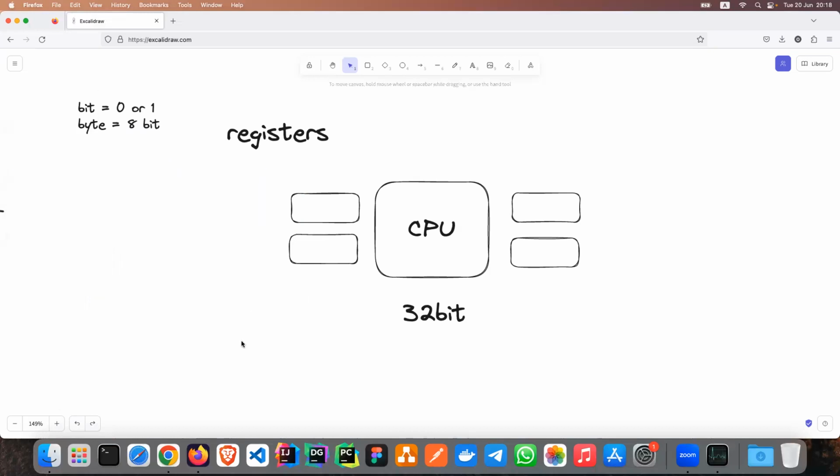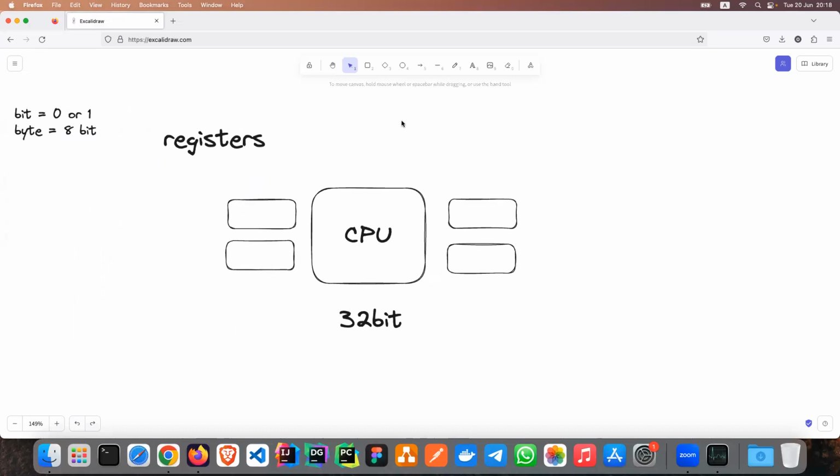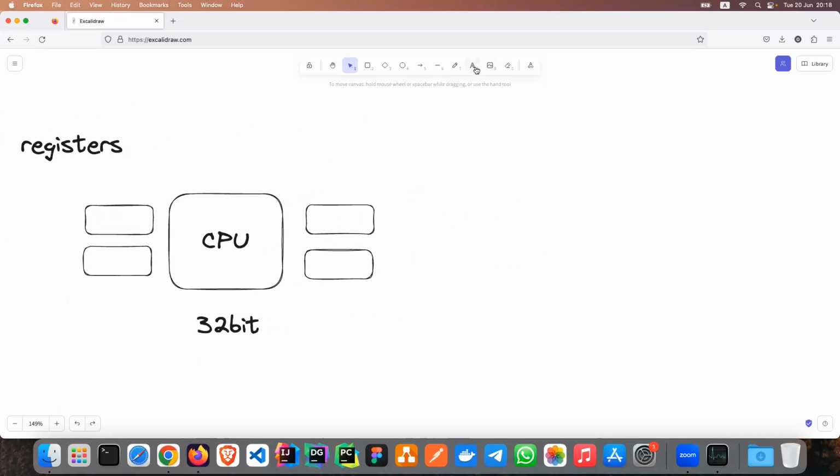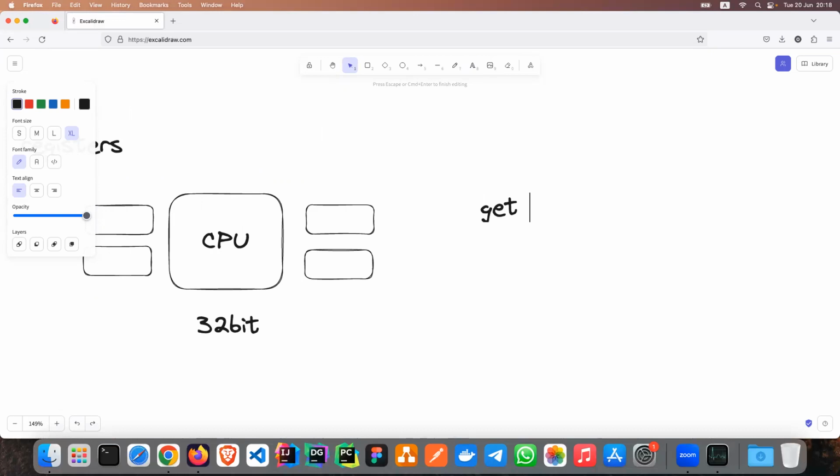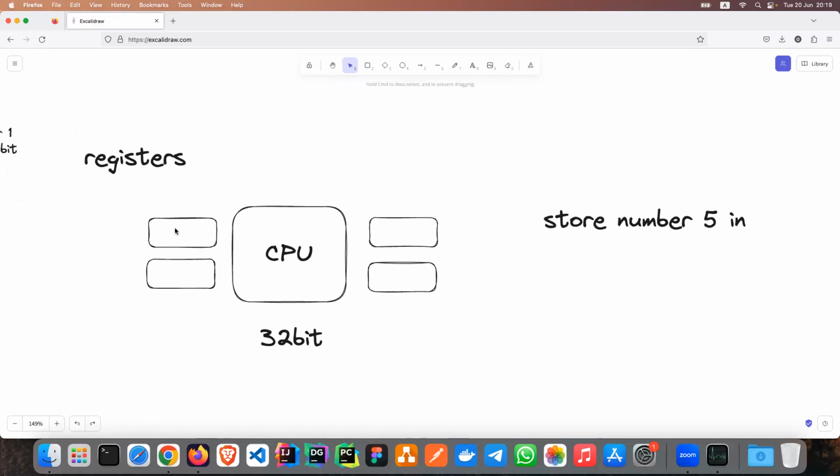Okay, if I want to add two numbers, I will have a program like this, for example. I will just write it. Let's say my program says: store number 5 in one of these registers.